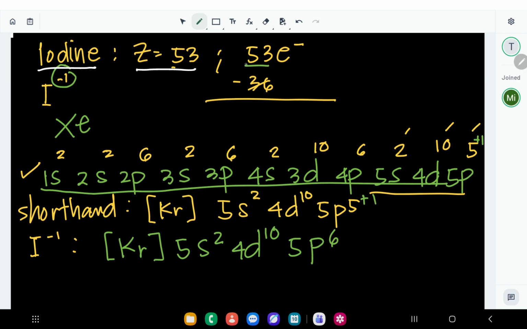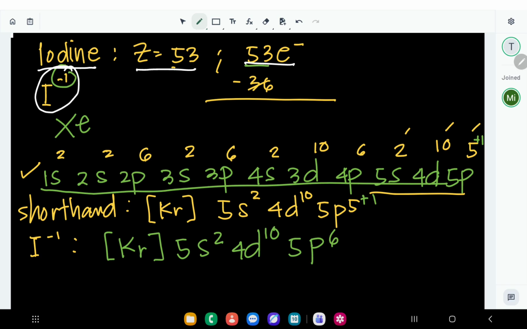So that means it has 53 electrons. And now we need to figure out the symbol of the iodine ion, or the charge. The charge is -1, so we wrote I -1 here.